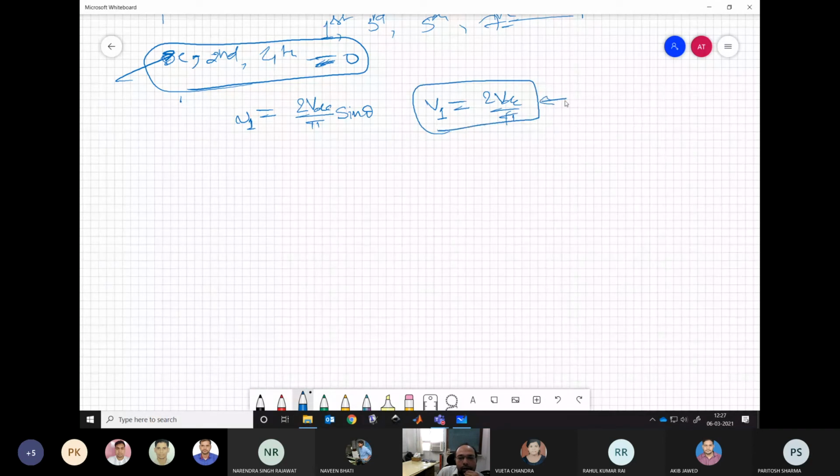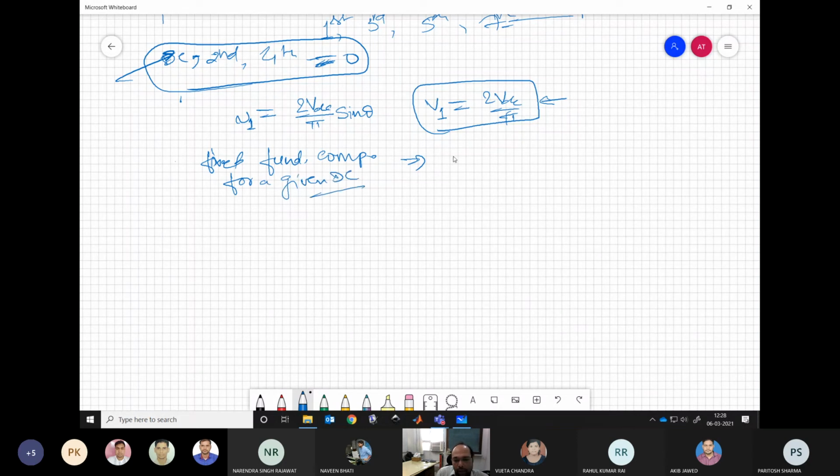Which means, for the 6-step operation, the square wave we are feeding has a fixed fundamental component, for a given DC of course.